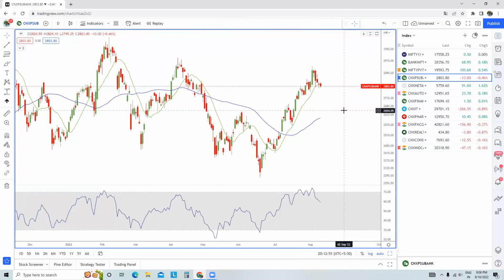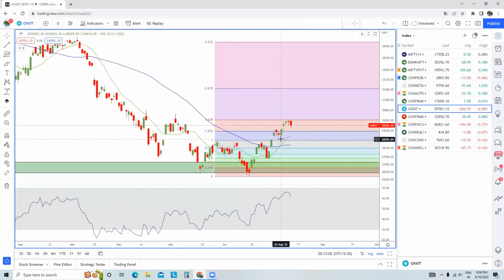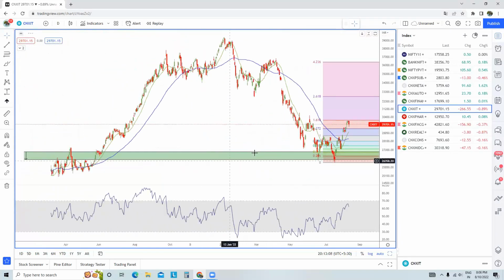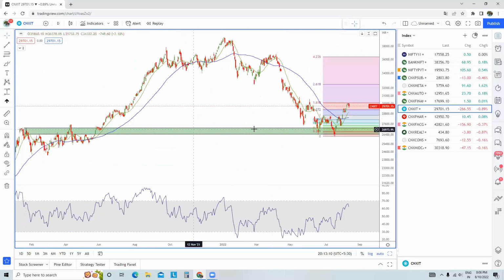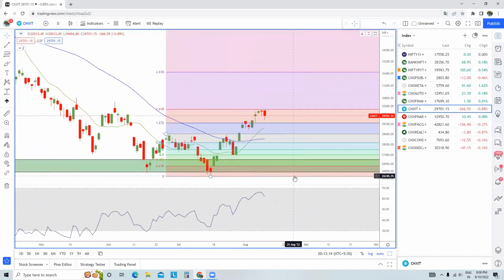Apart from PSU banks, one more thing I would like to share with you is the IT index. IT index has rallied pretty nicely, especially the Infosys stock. You can see that it has bounced back from this important support in the daily chart. And what I can see is that this particular Fibonacci extension is very, very important.